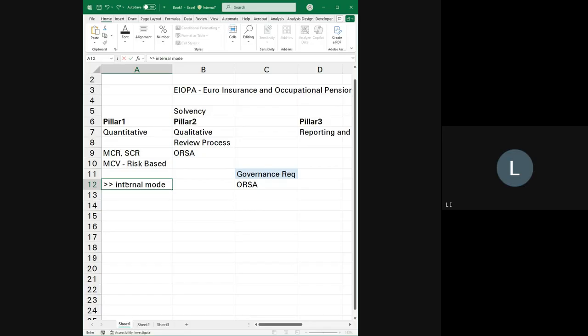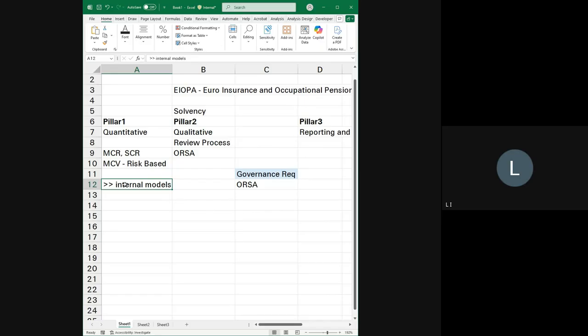So when you are calculating this MCR and SCR, the regulator has provided insurance companies with a couple of options. One option is that you use a standard model that the regulator has prepared for you. You just give your input parameters there, and the model spits out the MCR or the SCR. Or if you are a big insurance company or a big reinsurance company, they've given you the flexibility to develop your own internal model, get it approved by the regulator, and use that.